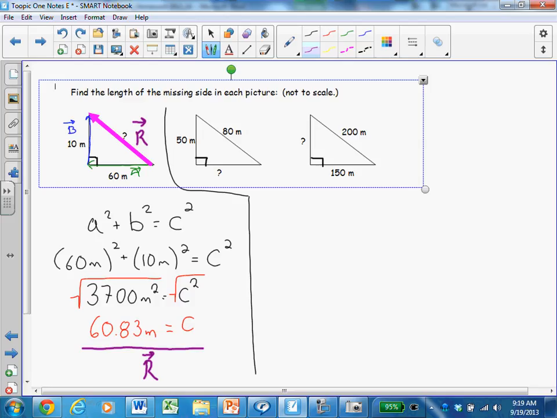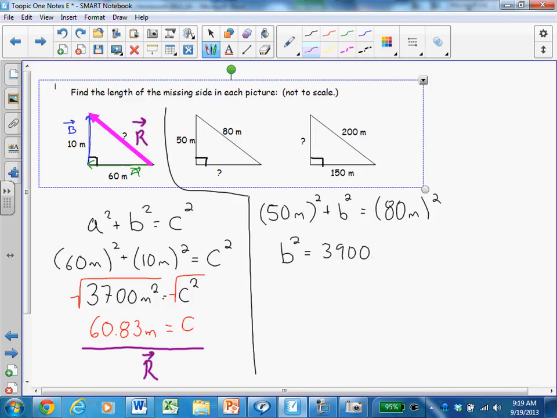David? Jack? 50 meters squared plus b squared equals 80 meters squared. So the same equation that we have here, except now we're solving for b, right? So 80 squared minus 50 squared, because if I bring that over to the other side, it's 3,900. So now I have b squared equals 3,900 meters squared.